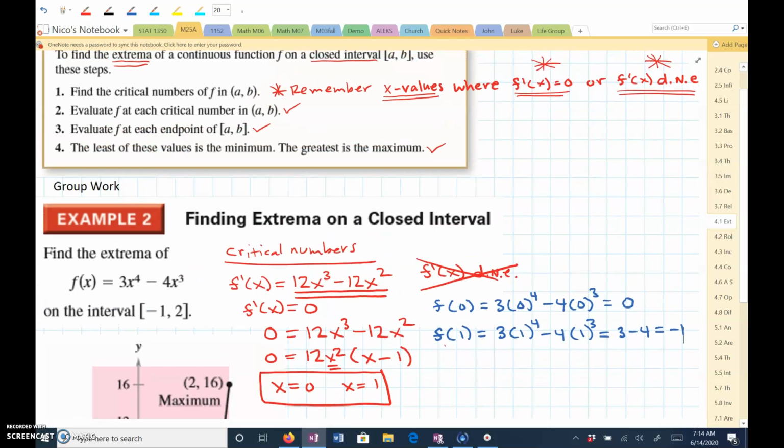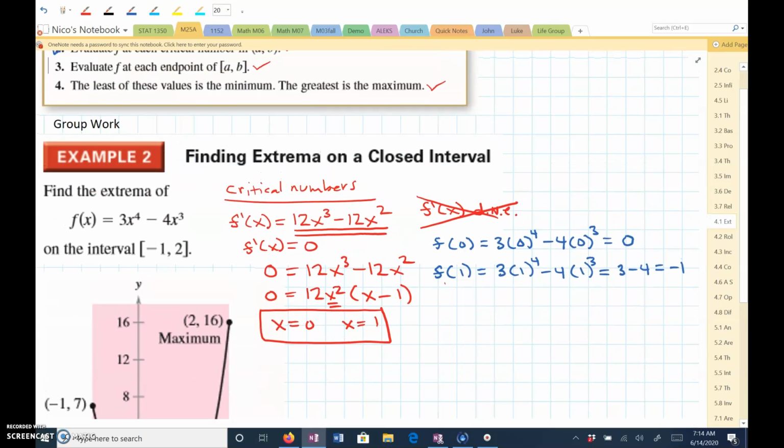So we've done step 1 and step 2. Step 3, evaluate f at each endpoint. Now I need to do f of -1, one of these endpoints.